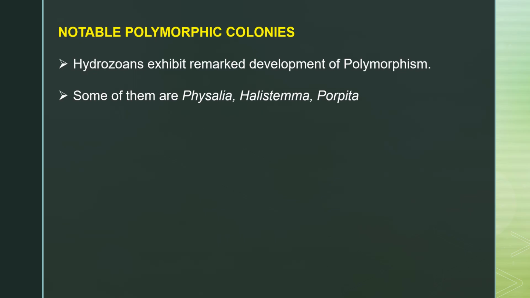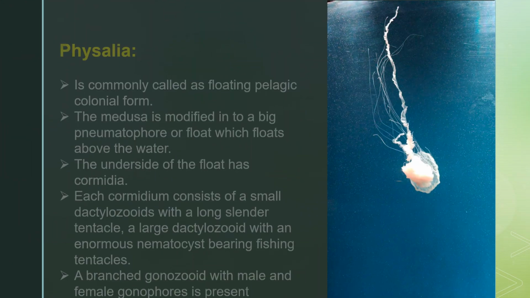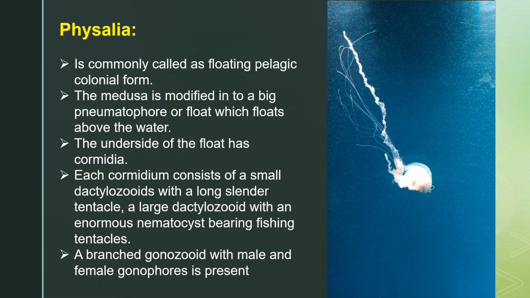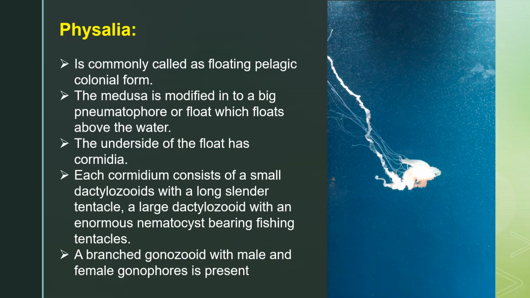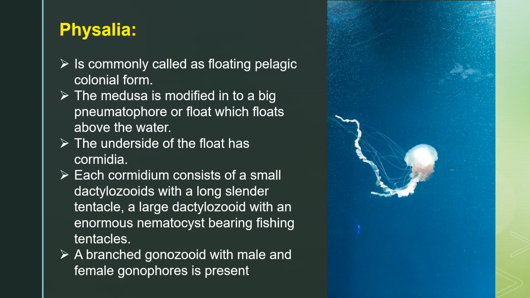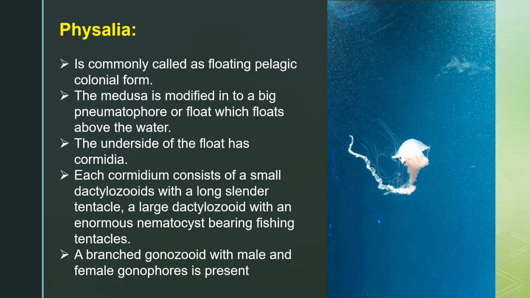Hydrozoans exhibit remarkable development of polymorphism. Some of the notable polymorphic colonies are Physalia, Stephanomia, and Porpita. Physalia is commonly called a floating pelagic colonial form. The medusa is modified into a big pneumatophore or float which floats above the water.